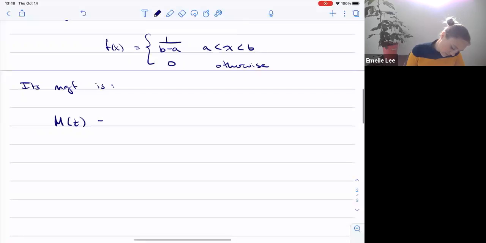But you could keep it on there if you want. In general, it's the integral from negative infinity to positive infinity of e to the power of tx times f of x dx. This is true in general.